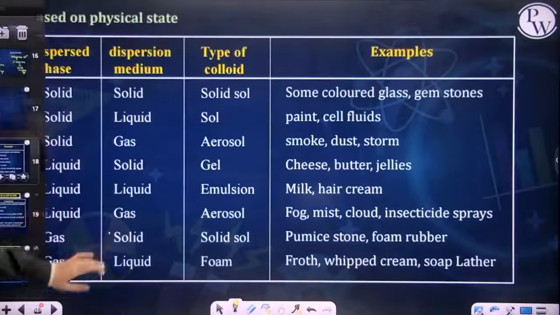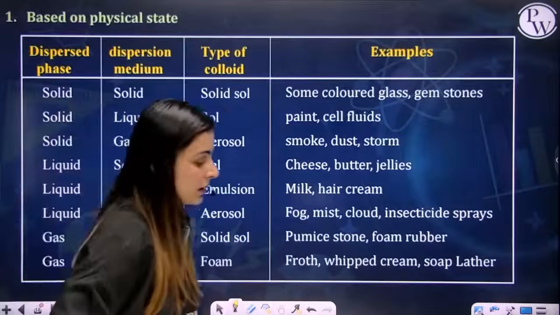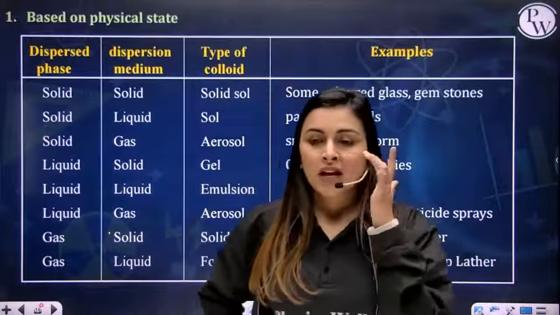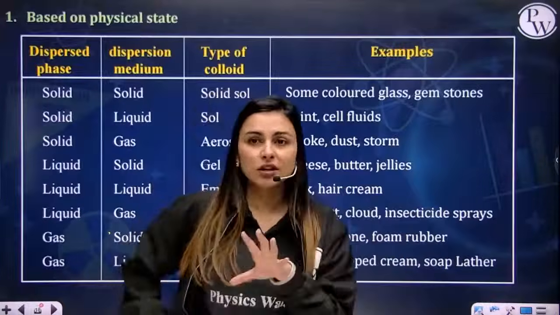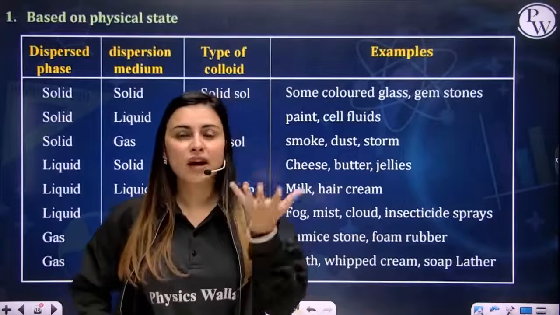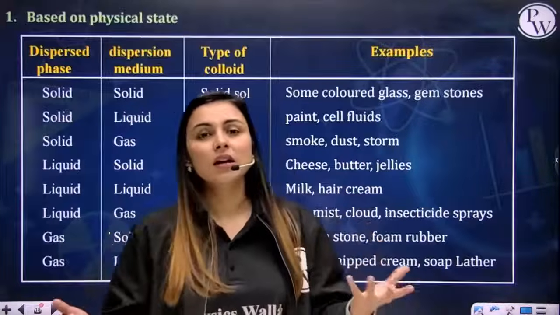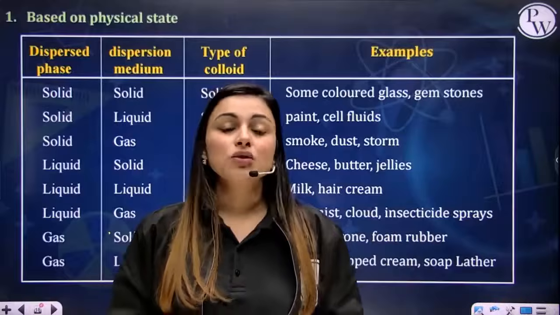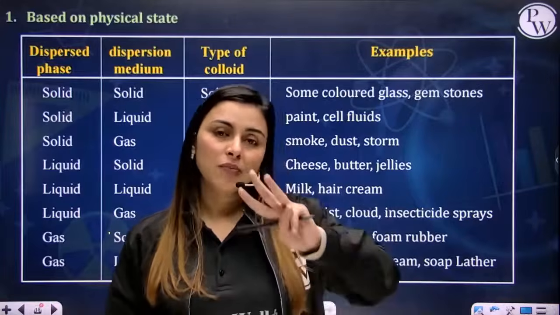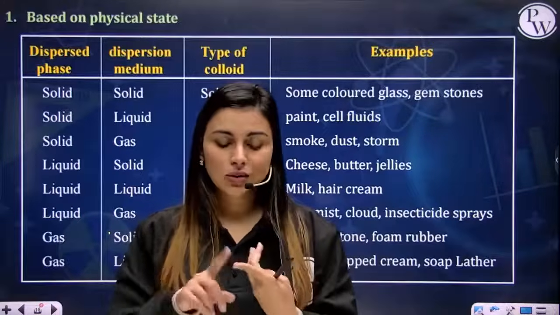Now, the first is based on the physical state. See now, my dear students, you know that a solution is made with a solute and a solvent. Basically, you have something in which the other thing is dissolved. Now you know that matter can have majorly three states: solid, liquid and gas.